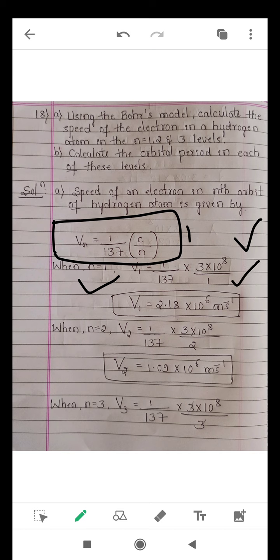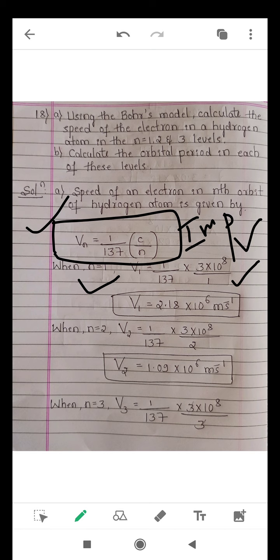So remember this equation, important, how to get the speed equation directly. You can calculate directly using this equation. So when n equal to 2, v2 is equal to 1 divided by 137 into 3 into 10 raised to 8 divided by 2.